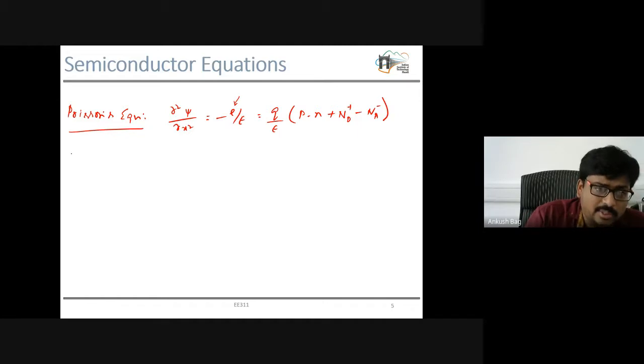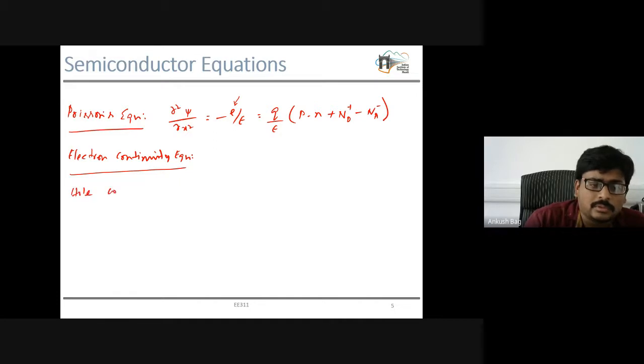And similarly, we have a few other fundamental semiconductor equations, like the electron continuity equation as well as the hole continuity equation. We'll once again explain all these equations. So what is the electron continuity equation?